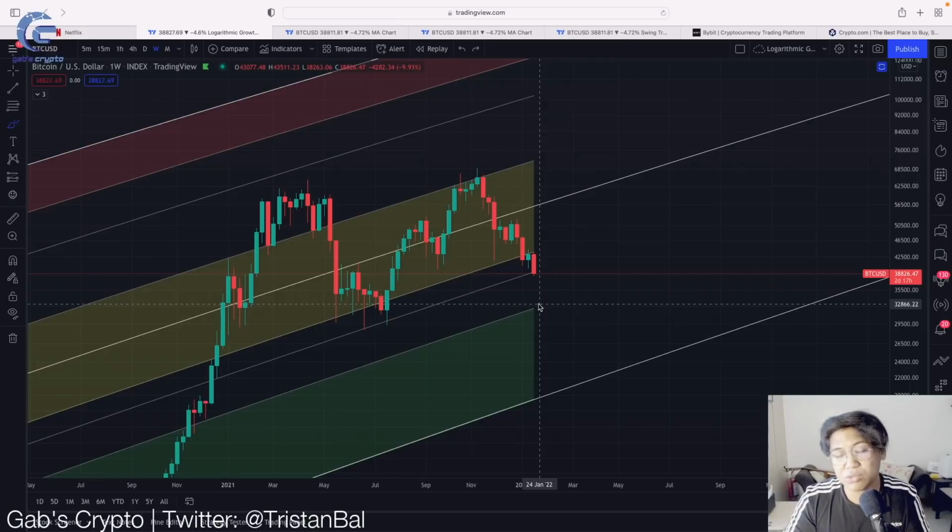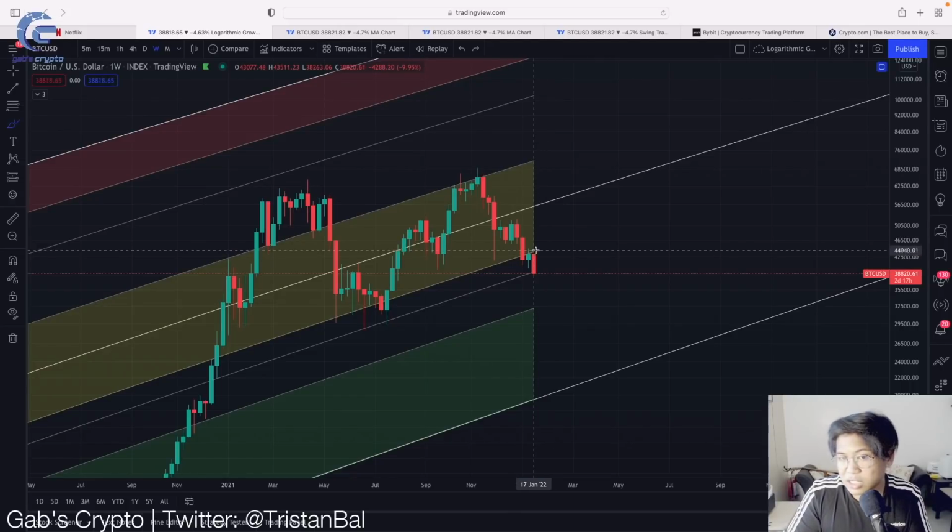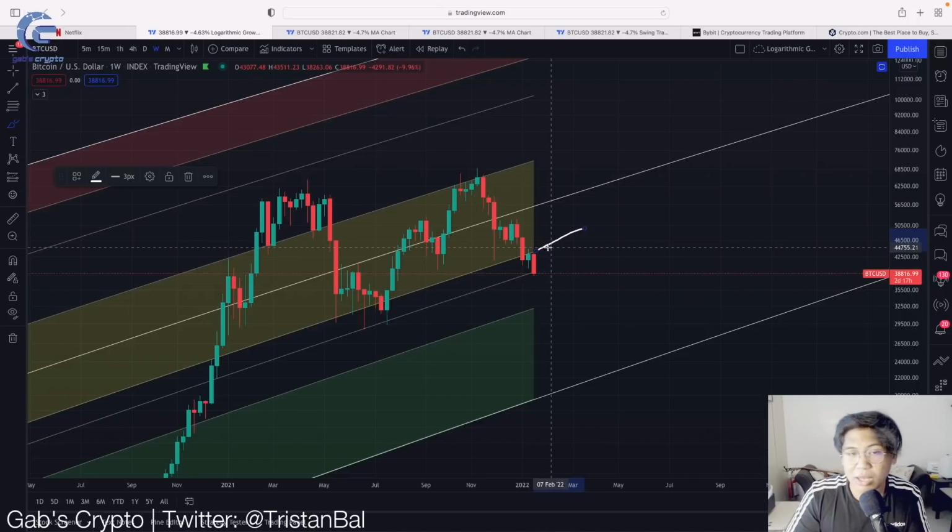So right now, that is what we are seeing with the Bitcoin logarithmic growth curve. And then as you can see, itong previous support area is now going to act as resistance. So you can actually now see na meron tayong resistance area forming within the 42 up until the 45,000 US dollars. So the crucial areas na kailangan mo tingnan dito is support level is actually the 38K, resistance level is within the 42 up until the 45K.